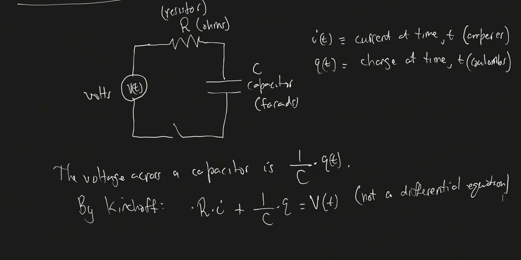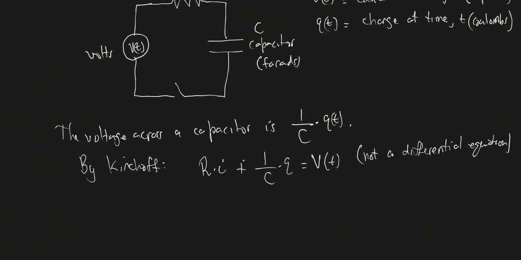It turns out, however, there is a nice relationship using a derivative between the current and the charge. Since current is defined as the rate of change of charge, dQ/dt, I can replace I here with this derivative.